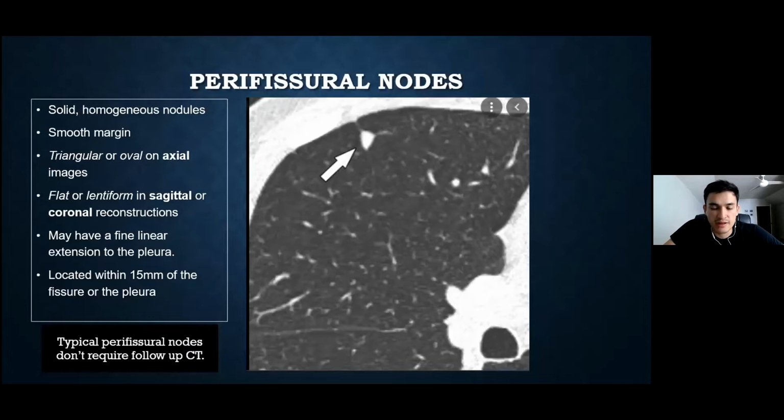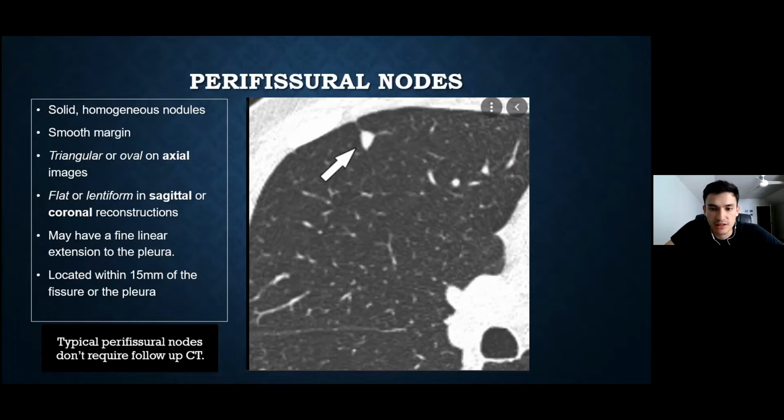Peripheral nodes are also another differential. They are benign, and if they are present, no further follow-up CT is indicated. They represent intrapulmonary lymph nodes, and they have a specific shape and location.